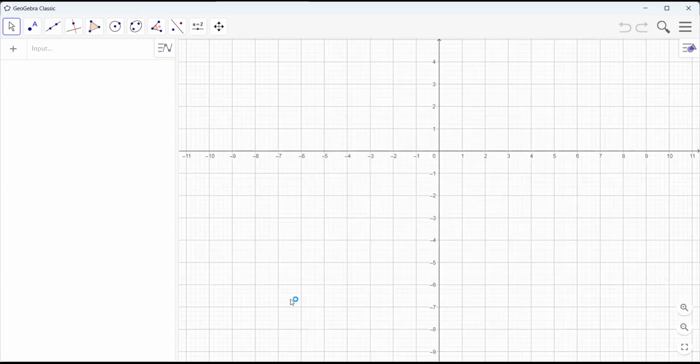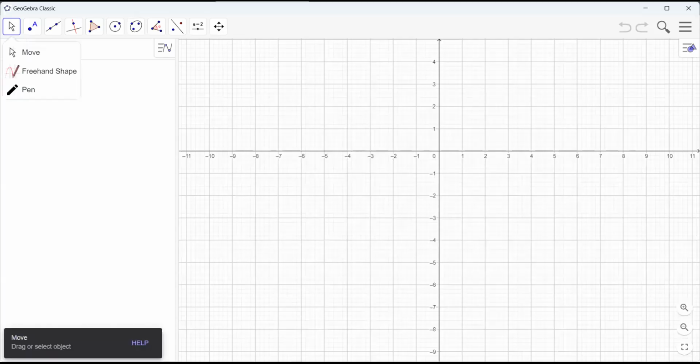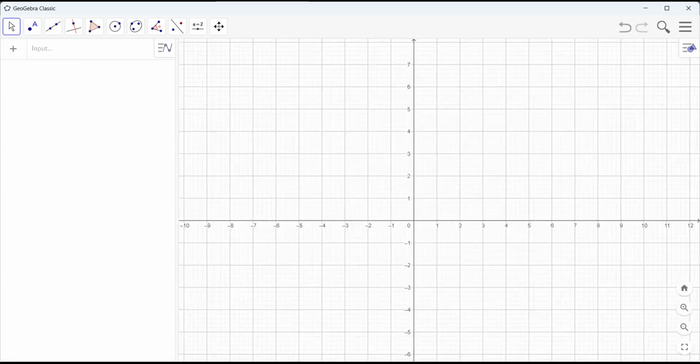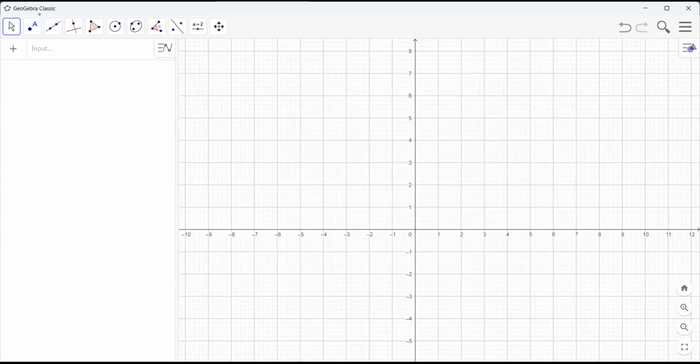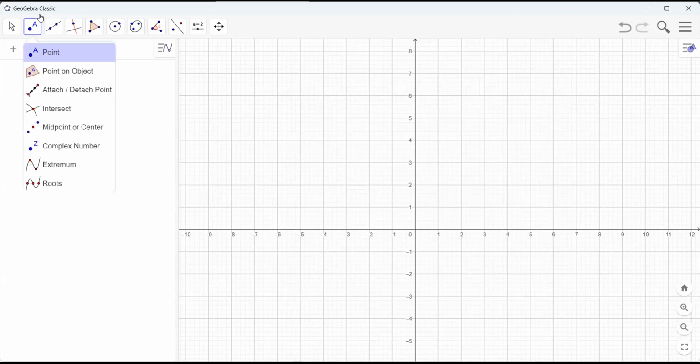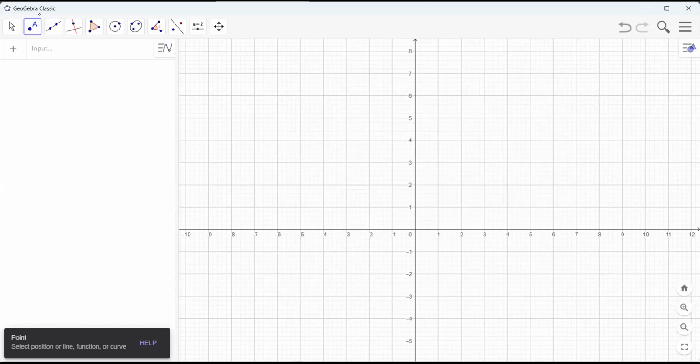Okay, our next concept is actually a very interesting one. I already told you the slope of a line and gave you the formula y2 minus y1 upon x2 minus x1, which is pretty basic. Now our second task is to find the distance between 2 points.